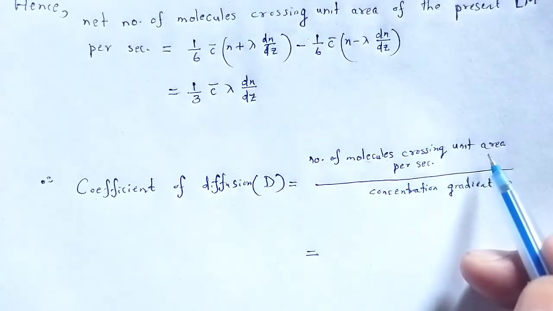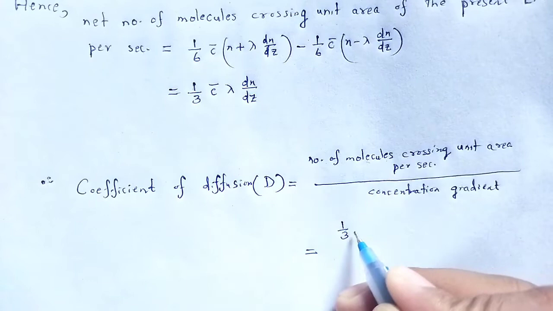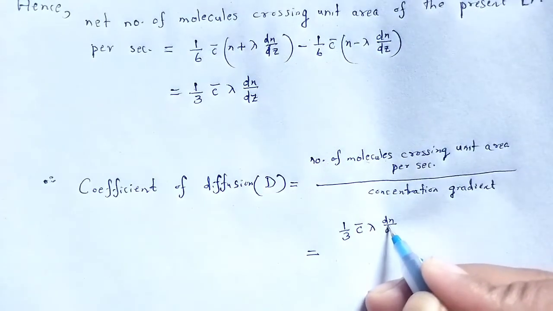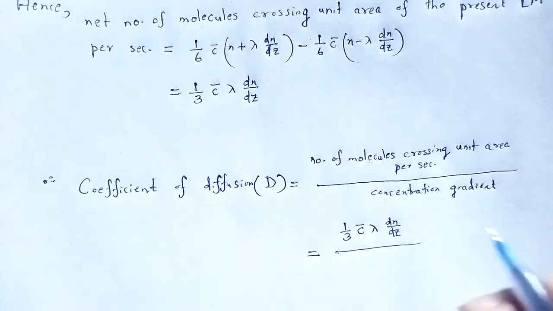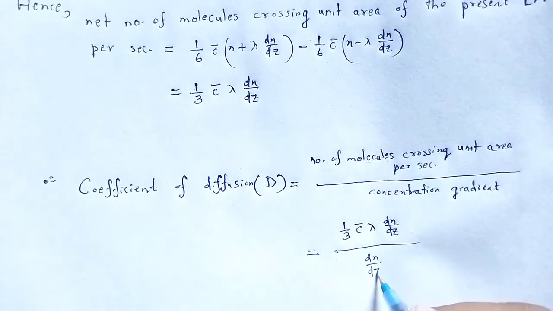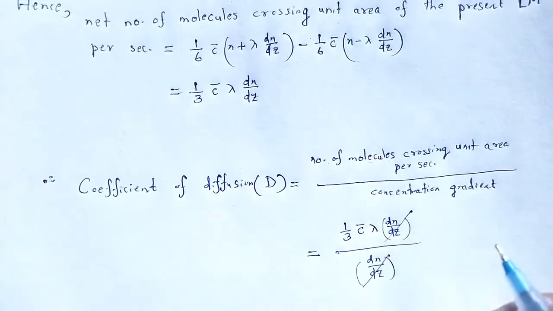Here the number of molecules crossing unit area per second is 1/3 c bar lambda dn by dz divided by concentration gradient dn by dz. That term cancels out.